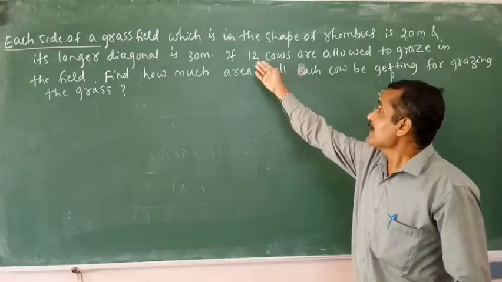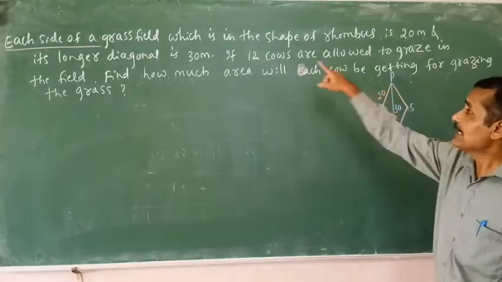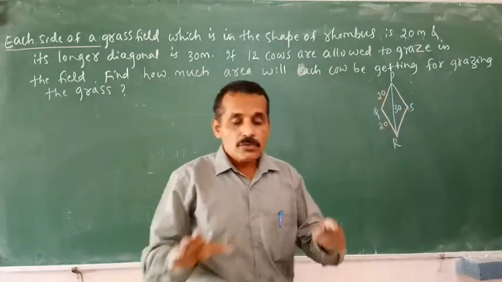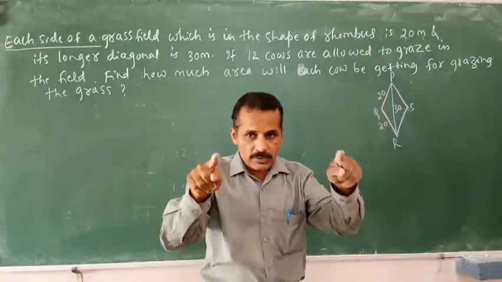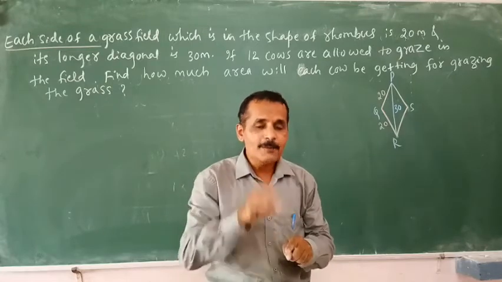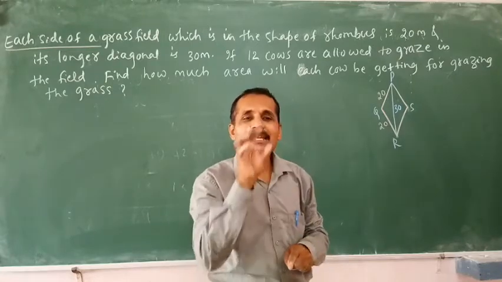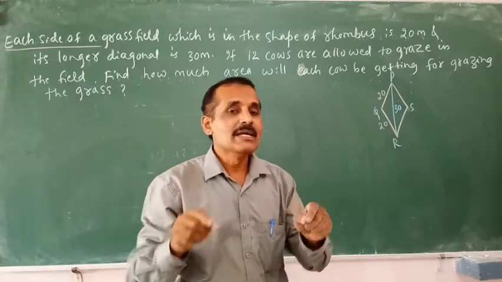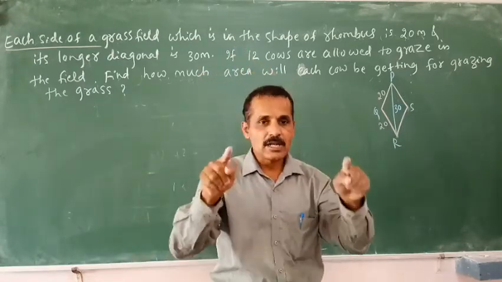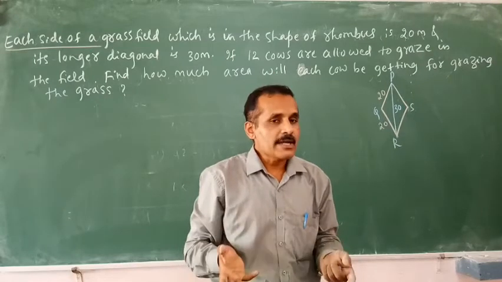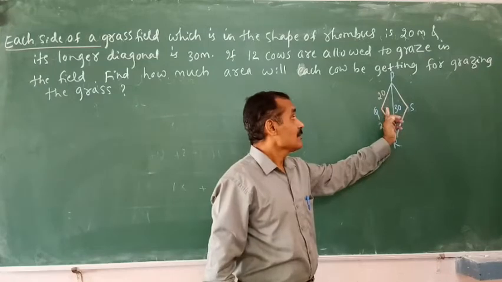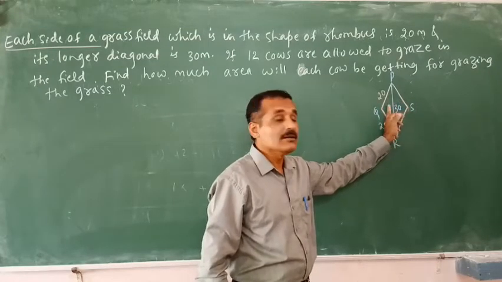Further they say, in this grass field, 12 cows are allowed for grazing. So when 12 cows are allowed in this rhombus shaped field, how much area does each cow get for grazing? First I will find the area of the grass field. I can't find it directly because I don't have any formula, but I can apply Heron's formula here.